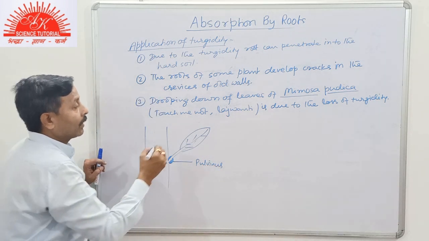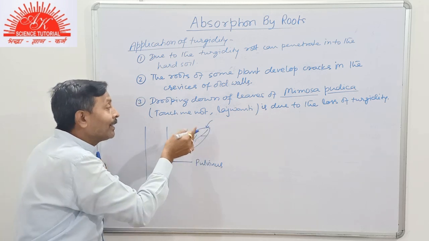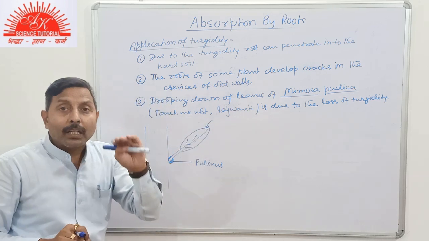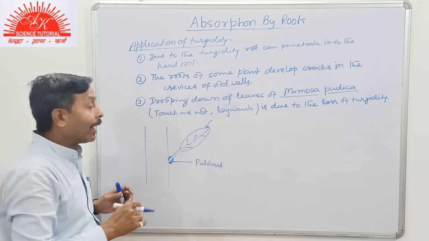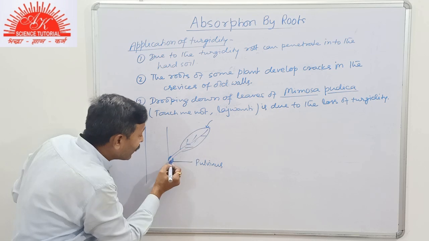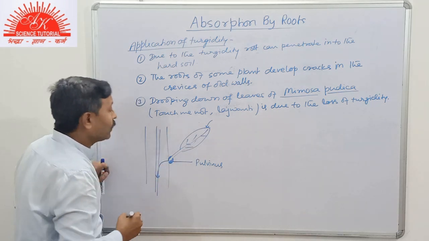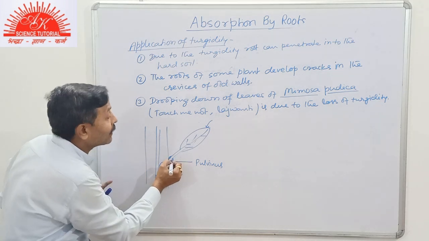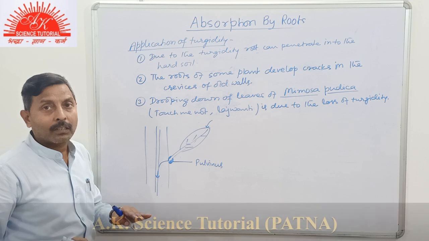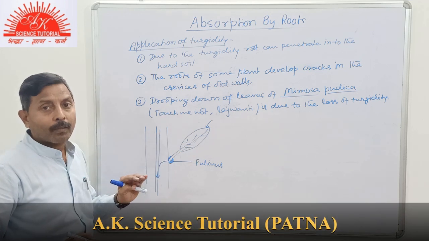So what happens here? When a leaf is touched, then the wave of chemical irritability passes down the leaf. As a result, the water from the cells of pulvinus moves down through the xylem vessel, and the cells of it become flaccid, due to which it limps down, it droops down.